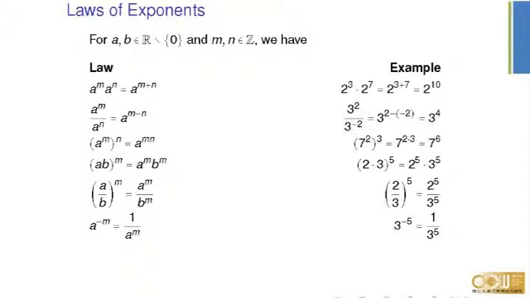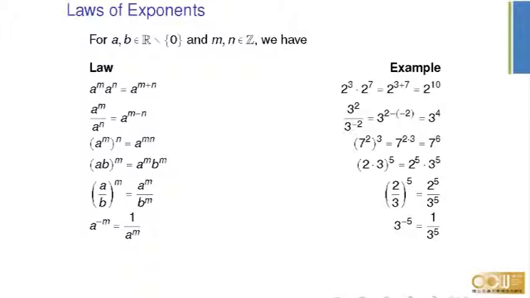And a to the power of m, to the power of n, equals a to the power of m times n. We just multiply the exponents. And here is (a times b) to the power of m. We can just take the individual exponents separately, then multiply them. For division, we have this negative power. What's the difference between this one and the previous definition for a negative integer power?